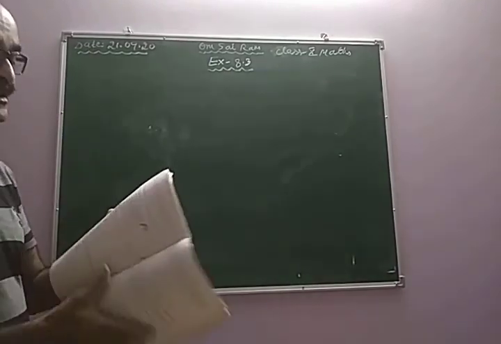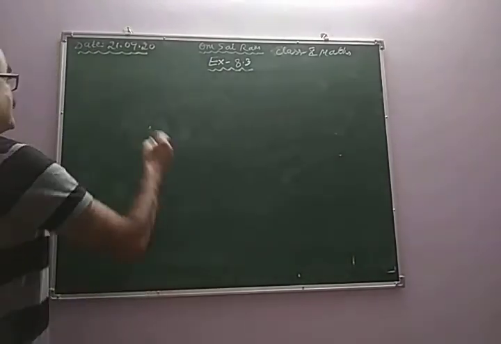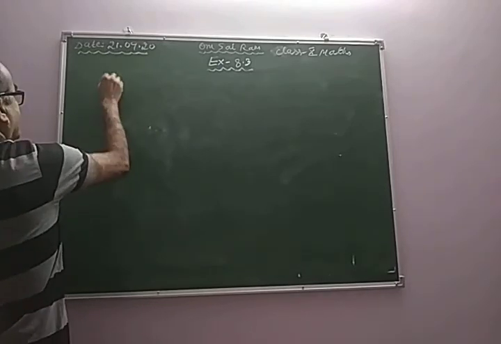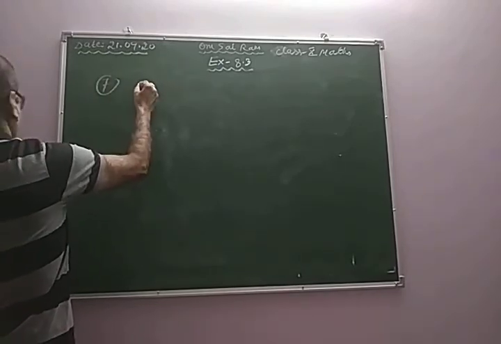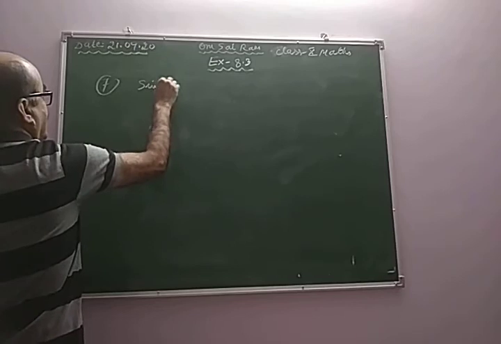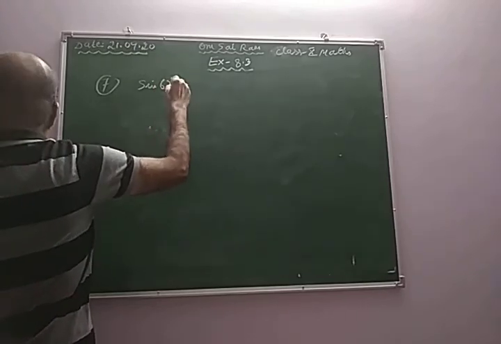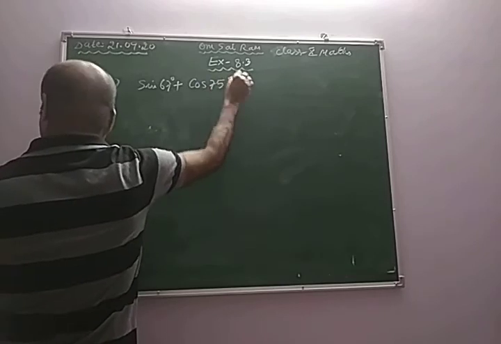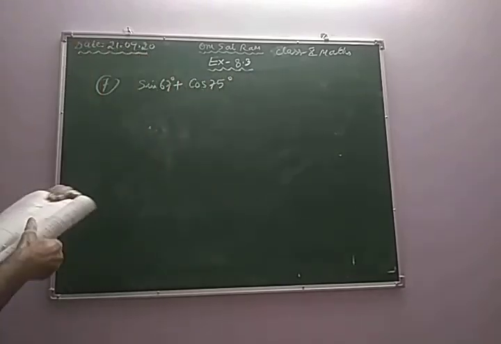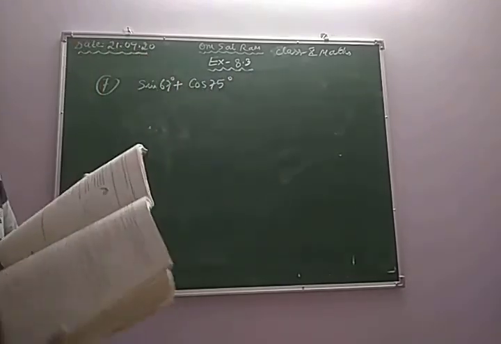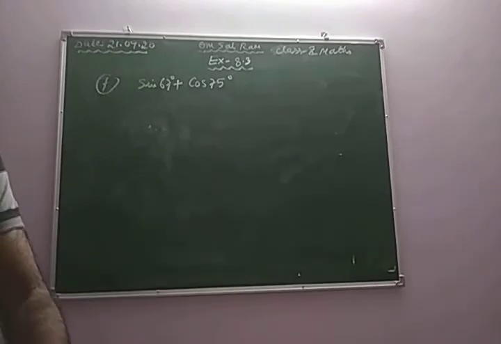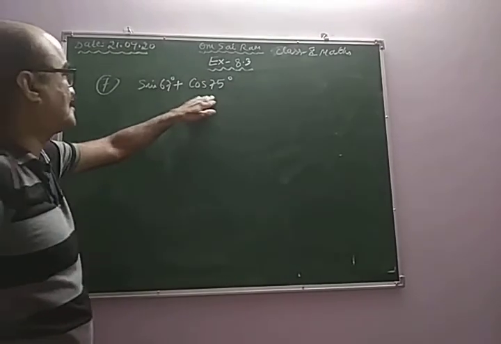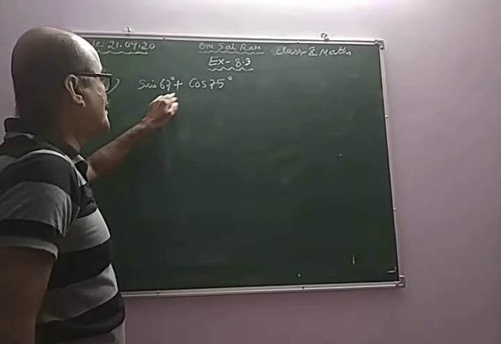It is given that you have to express sine 67 degrees plus cos 75 degrees in terms of trigonometric ratios of angles between 0 and 45. You have to convert these into angles between 0 and 45.